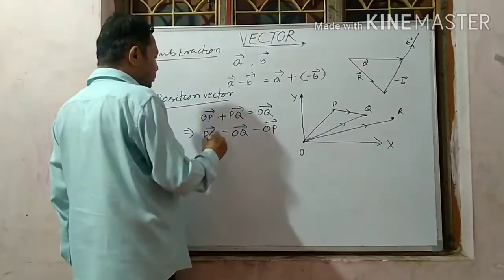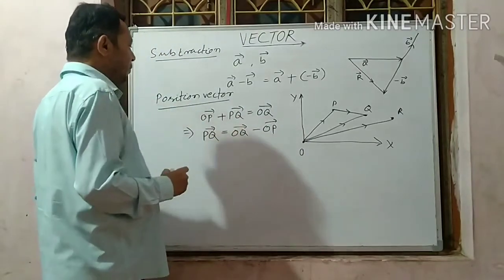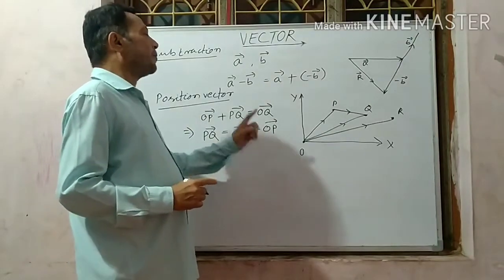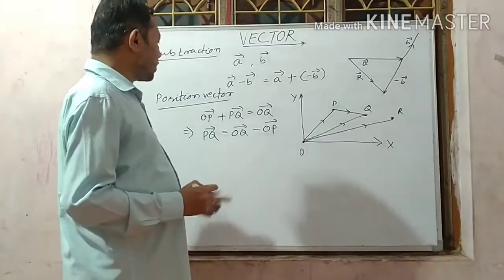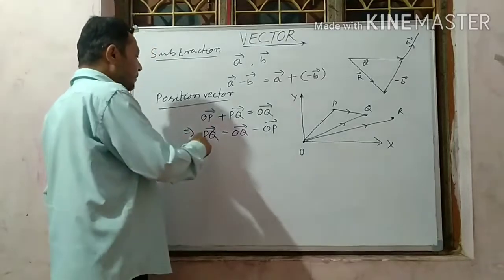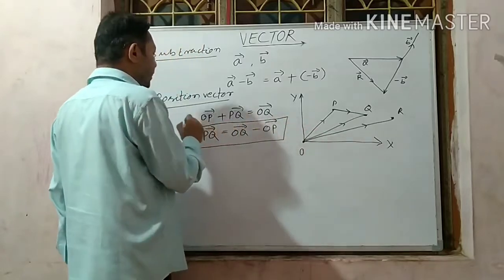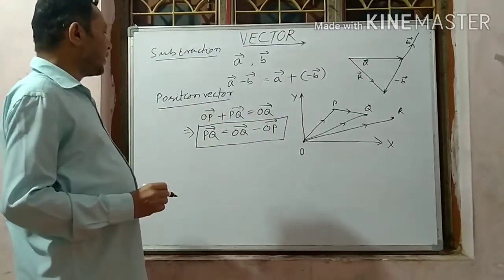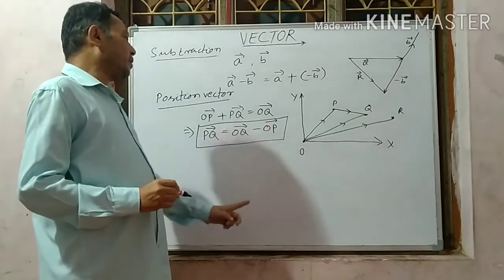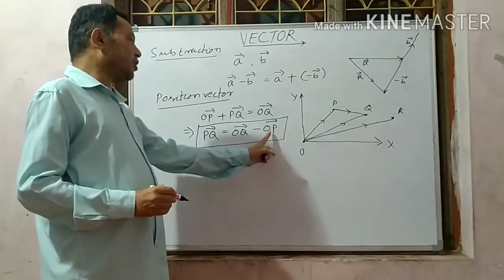That is, for a vector PQ in a plane, PQ is the position vector of Q minus the position vector of P. So if PQ is a vector in a plane, then PQ is equal to OQ minus OP.